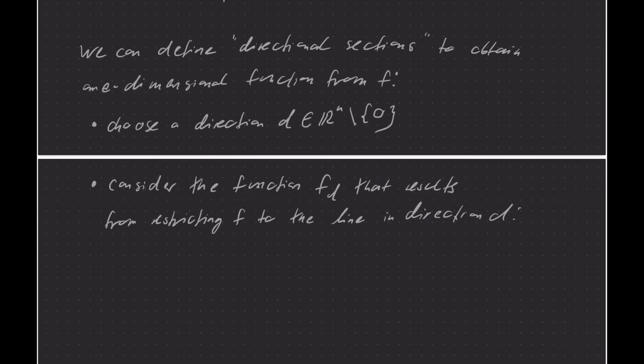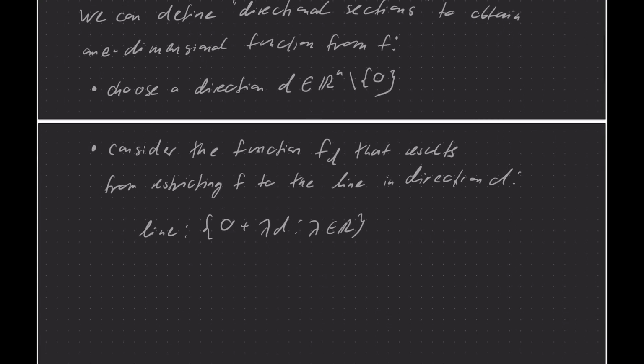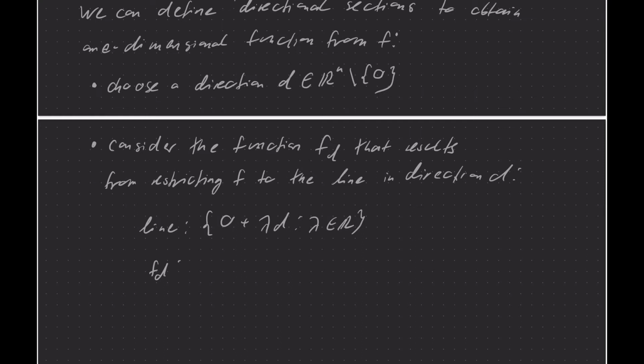Okay, so that line would then be 0 plus lambda d, lambda in R. And that function f_d would then be defined on the reals, mapped to the reals.